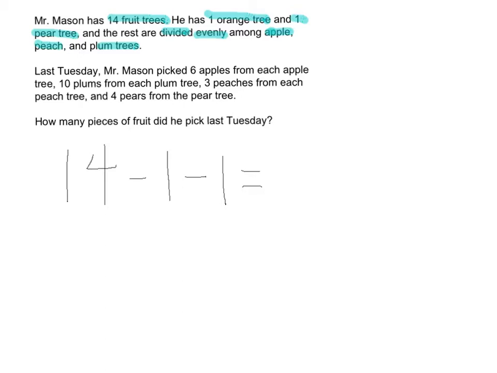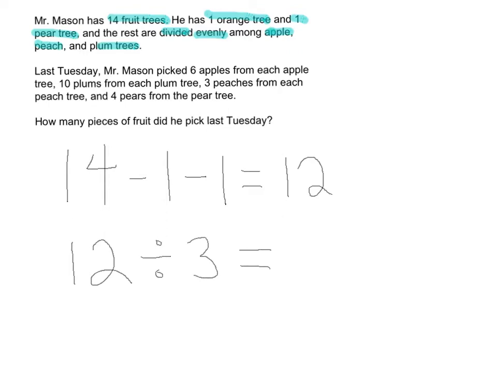So I need to first figure out how many are divided evenly. If I take 14 and I subtract the 2 trees at the top, the orange and the pear tree, I'll be left with 12 trees. Now I need to take those 12 trees and divide them equally among the apple, peach, and plum, so those 3 types of trees.